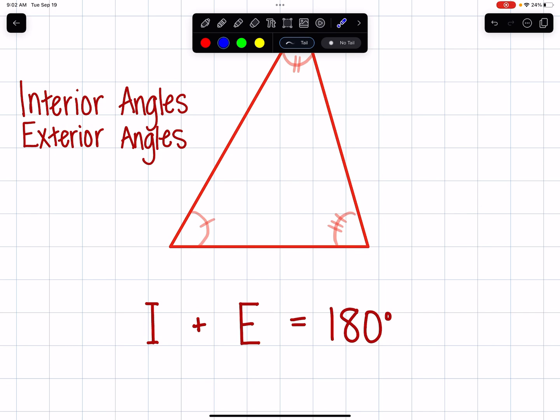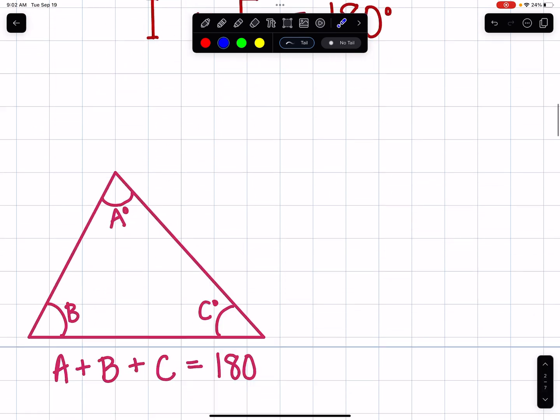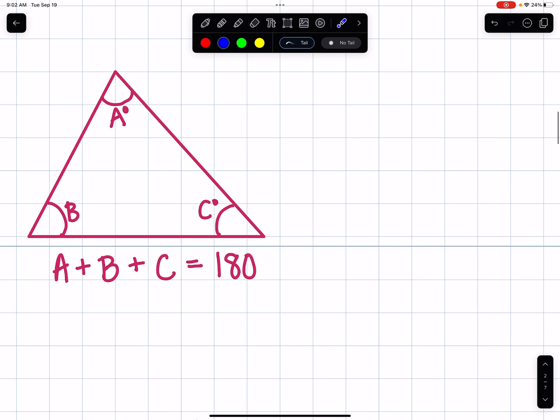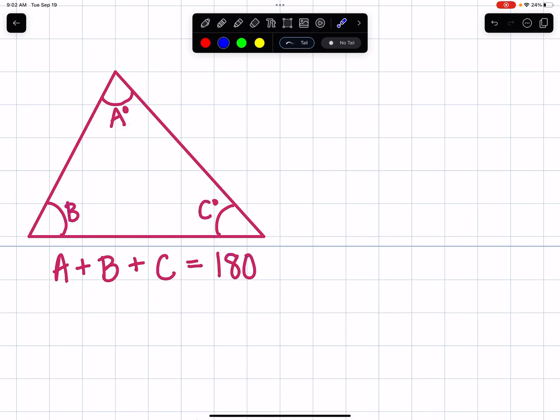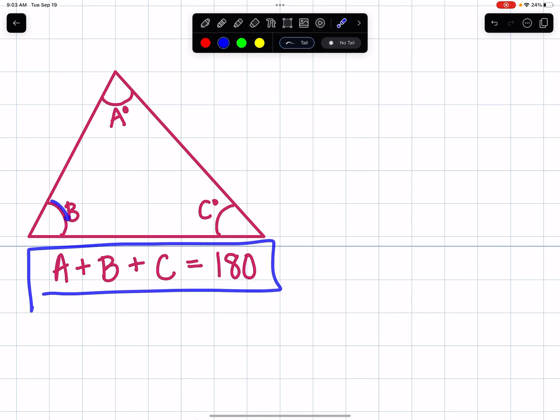So let's look at this triangle below. It has 3 sides, obviously, 1, 2, 3, and 3 vertices. And when you add up the measure of the interior angles, they're all going to be 180 degrees. You know that already. Add the angles of a triangle, any triangle, it doesn't matter.